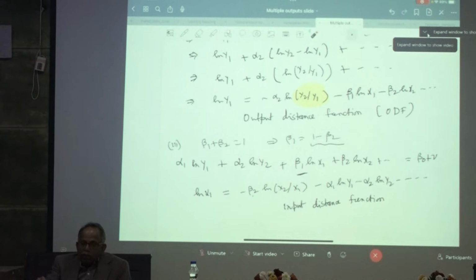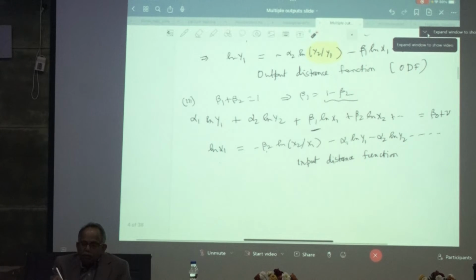Okay, so the last one is, again, or maybe I should have done it in the third place. So the fourth one is, again, similar to the production function. So let's say our normalized beta 1 is equal to 1, instead of beta 1 plus beta 2 is equal to 1. You just use beta 1 equal to 1 as your normalization, and you go back to the function that you see here.